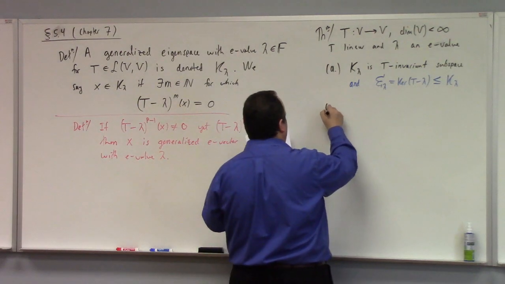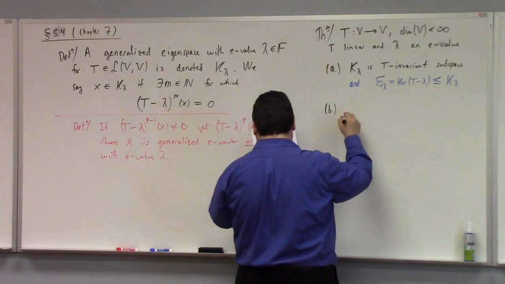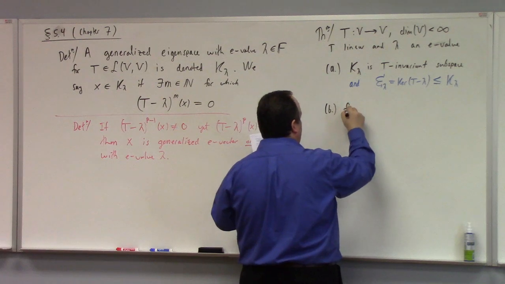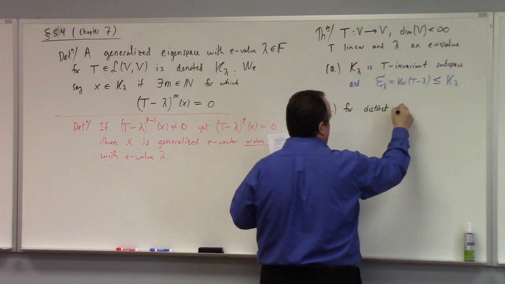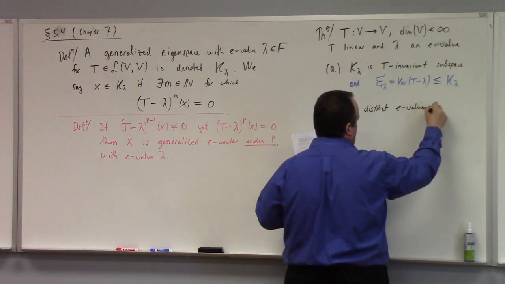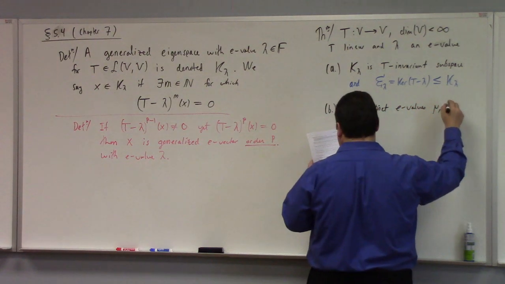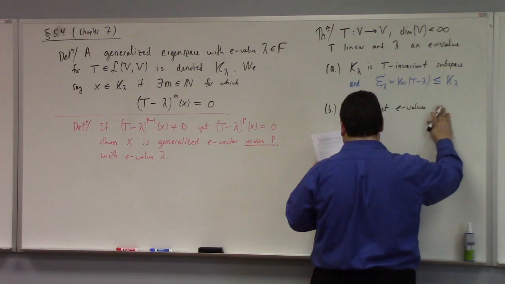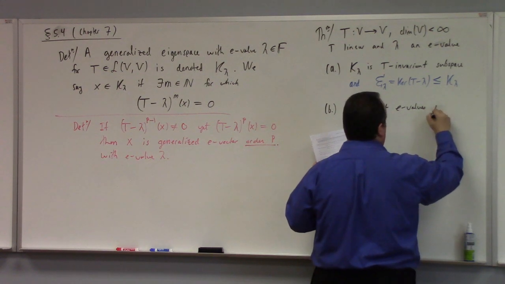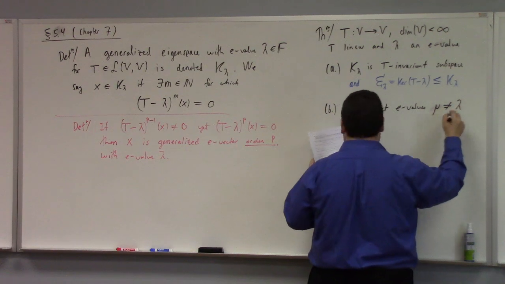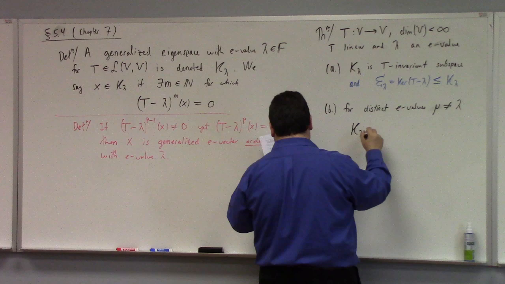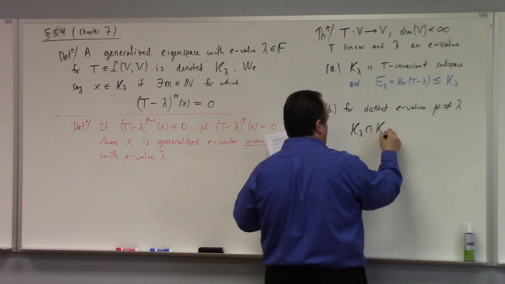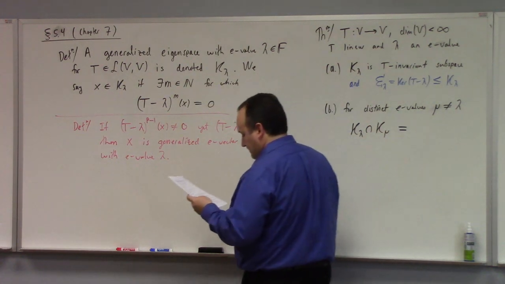B. For distinct eigenvalues, mu and lambda, we have that K lambda intersect K mu is what?